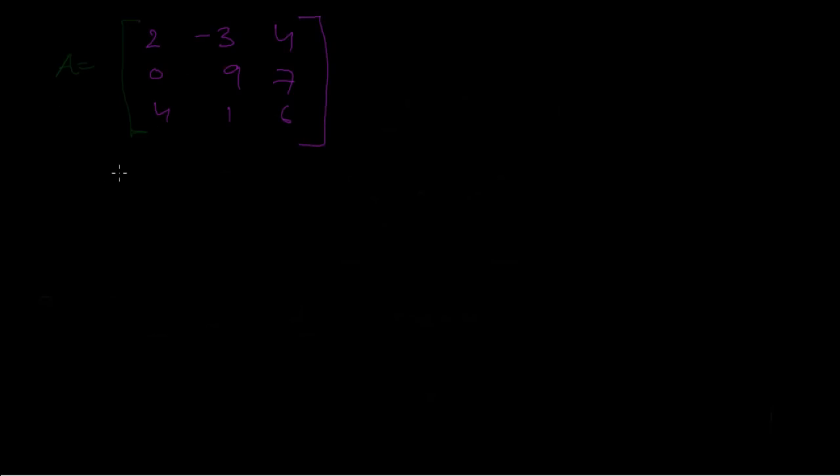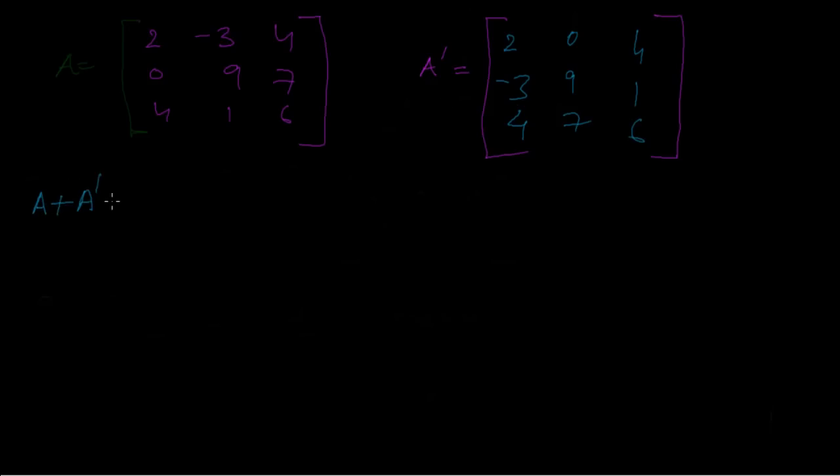Now we have to make a symmetric matrix from this one. We make the transpose, converting rows into columns and columns into rows: 2, minus 3, 4, 0, 9, 7, 4, 1, 6. Now we add both, A plus A transpose.